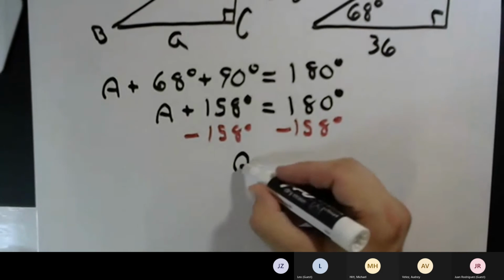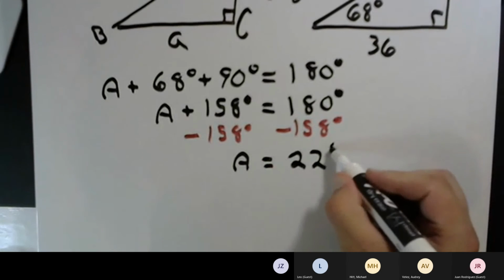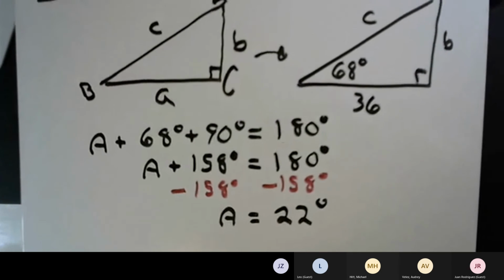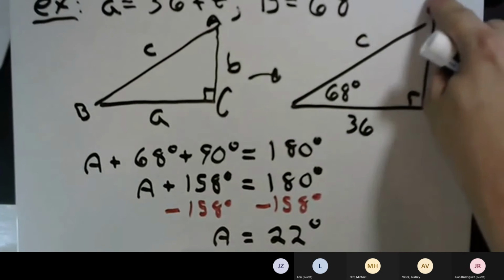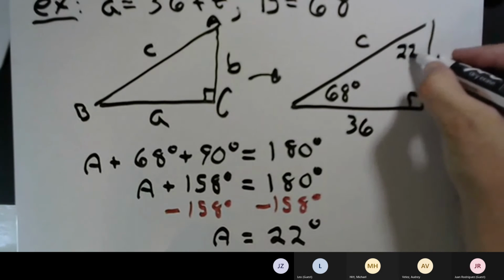We get A is 22 degrees. So we've got a solution here, 22 degrees.